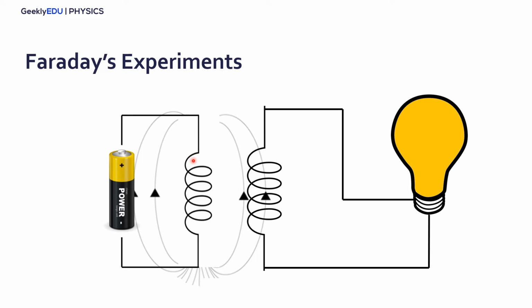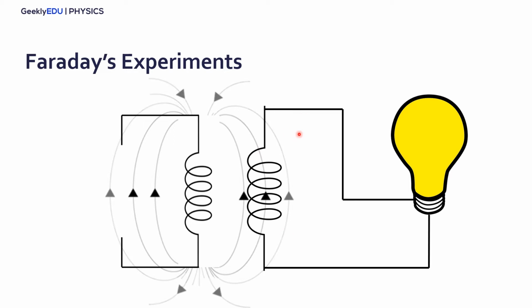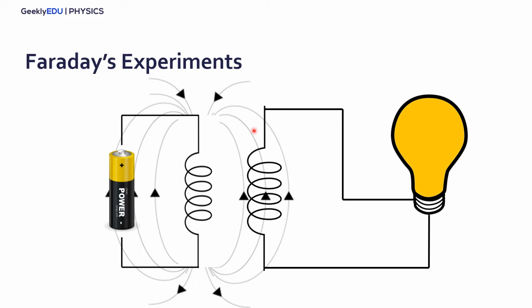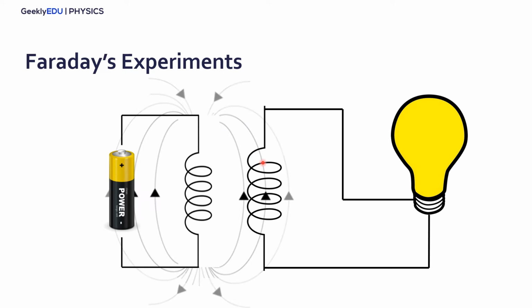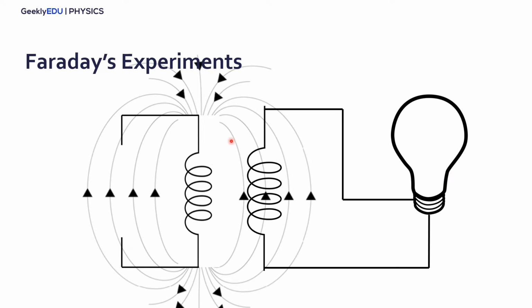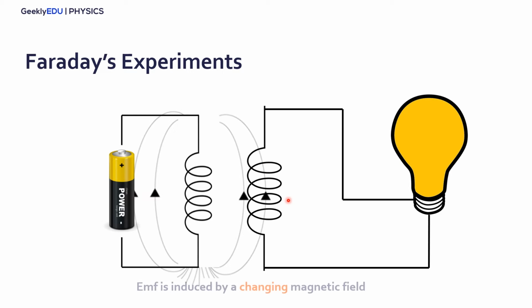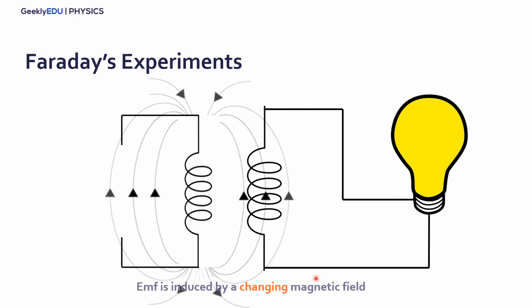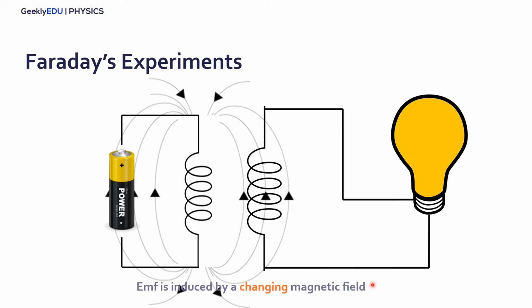So what was causing the induced electric field over here is actually proportional to the change in the magnetic field. It's not only the magnetic field itself, but the change, alright? So the changing magnetic flux that passes through this other coil here produces electricity. So EMF, electromotive force, is induced by a changing magnetic field, okay? Not only the magnetic field itself, but a change in it.